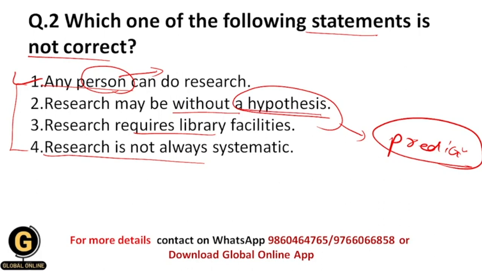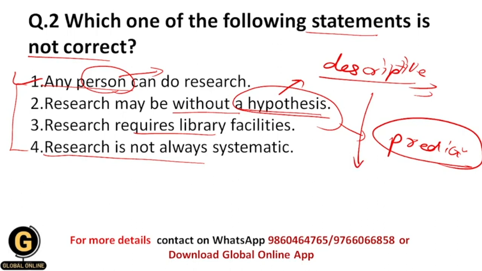And sometimes research can be without a hypothesis, for example, a descriptive study, and subsequently these terms we are going to see in further videos. In a descriptive study we mainly give the characteristics of the situation or event, and that's why we don't need a hypothesis over here, and that's why this statement is also correct.